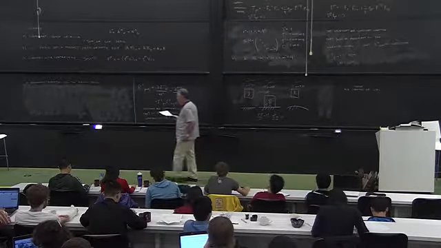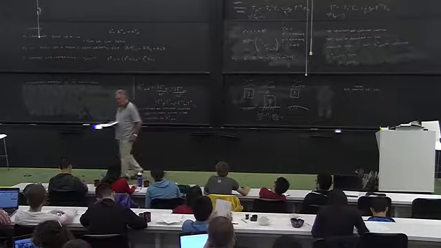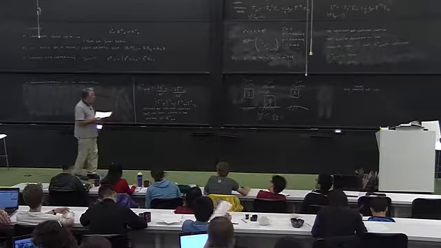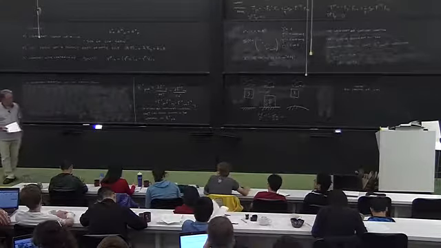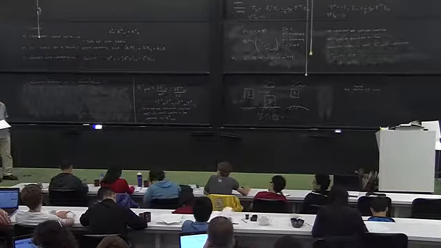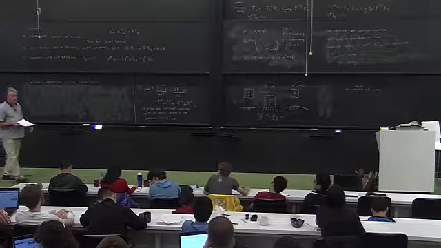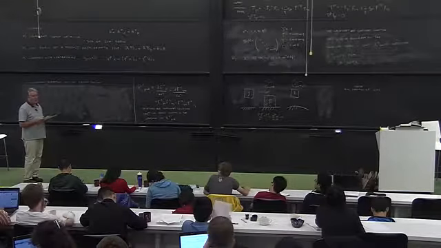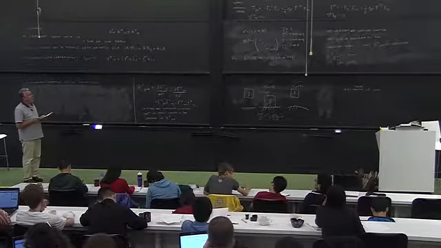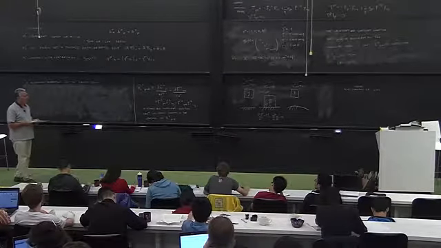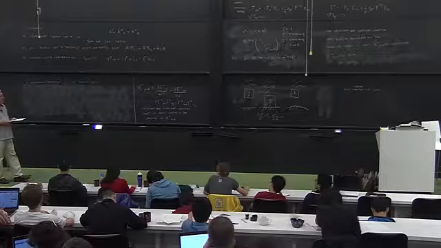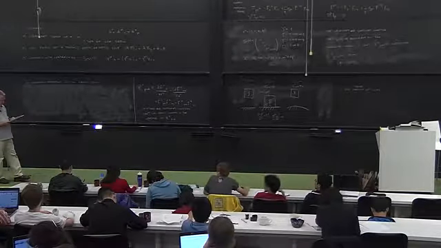And here it's playing a similar role in gravity, that the gammas are like the potentials and the Riemann tensor is like the F mu nu, the field strength. And the fact that we can't gauge away the gammas, which we can in the case of a homogeneous gravitational field, tells us that the Riemann tensor is non-zero, or vice versa.